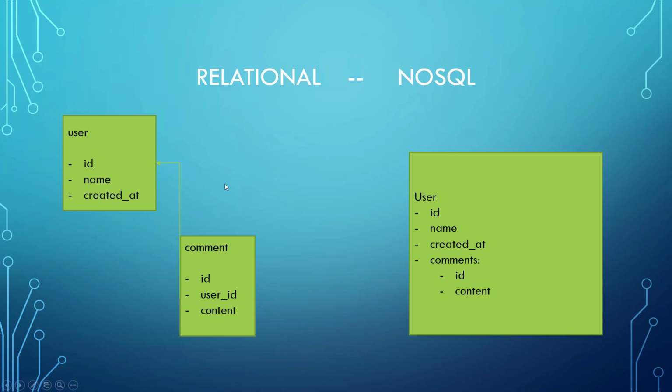Here, on the left, you see a relational database. What we have here is something that we would call a table. If you imagine data, you're probably familiar with spreadsheets in general. So imagine this to be a spreadsheet, and those would be the columns. We call them fields, but it really doesn't matter. So you have a field ID, a field name, and a field created at. And now you would have a list that says, okay, ID 1 is John, created at whatever date. ID 2 is Sam, created at whatever date.